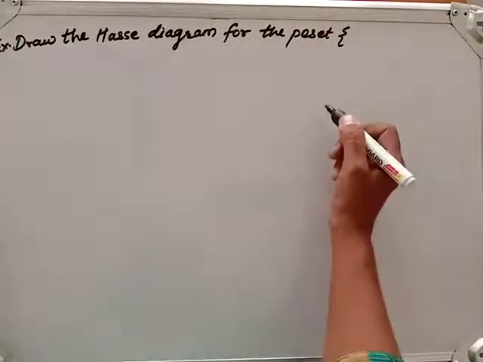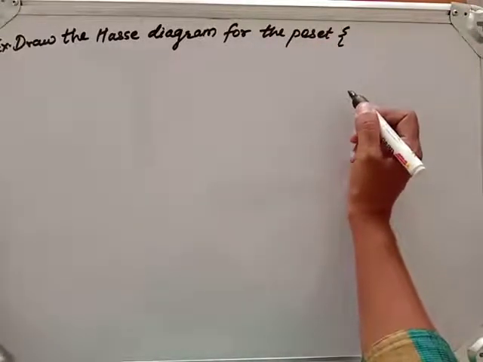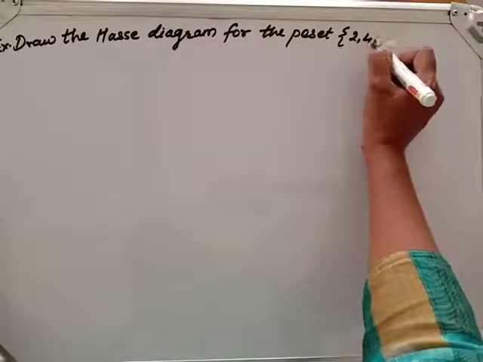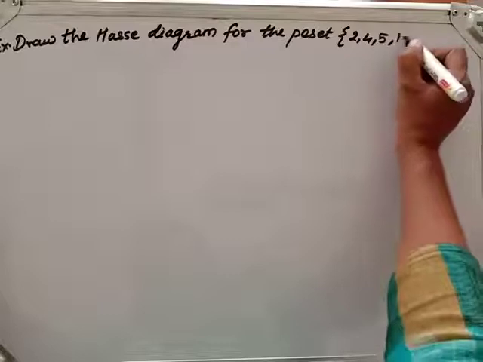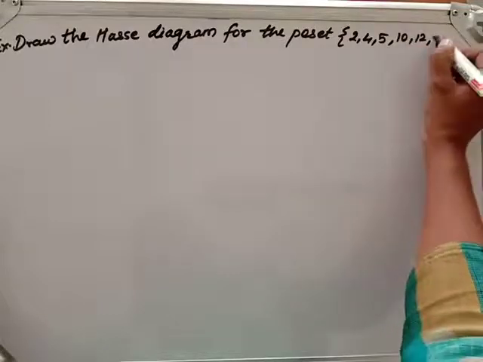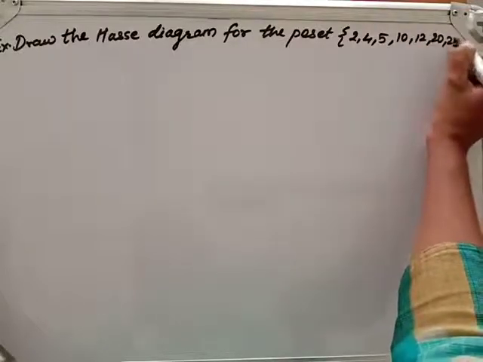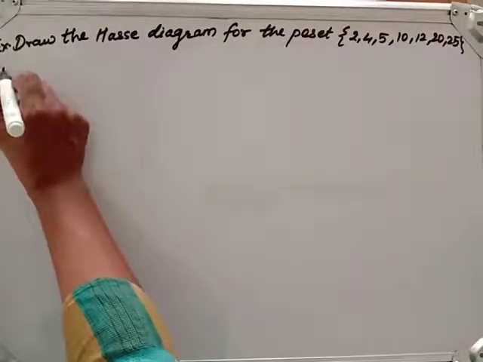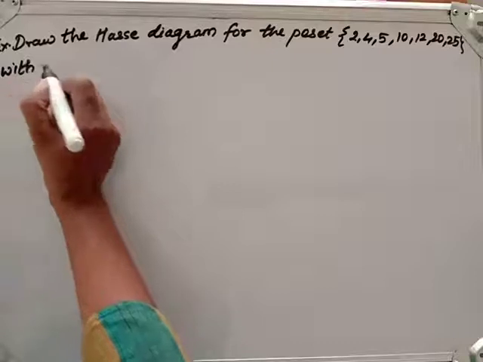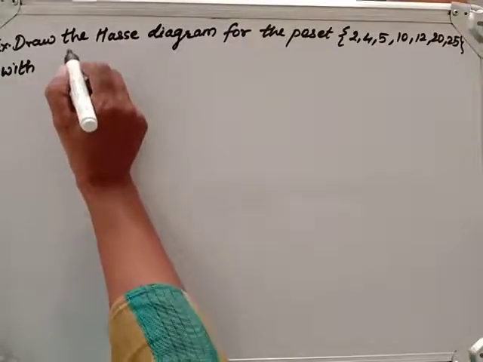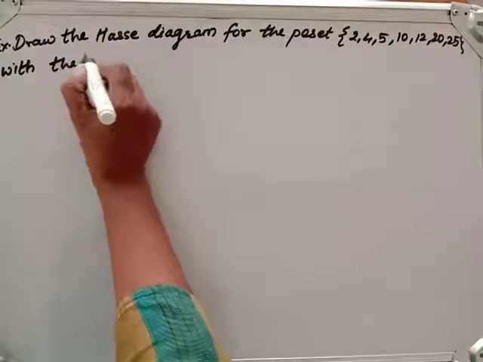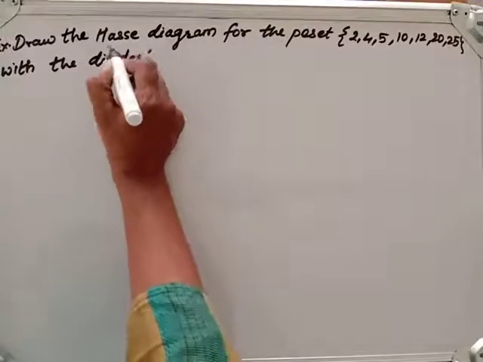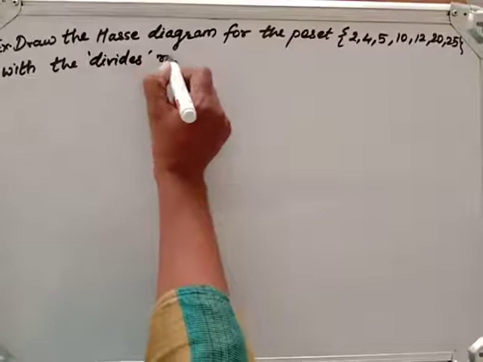The elements of the poset are 2, 4, 5, 10, 12, 20 and 25, with the divides relation.